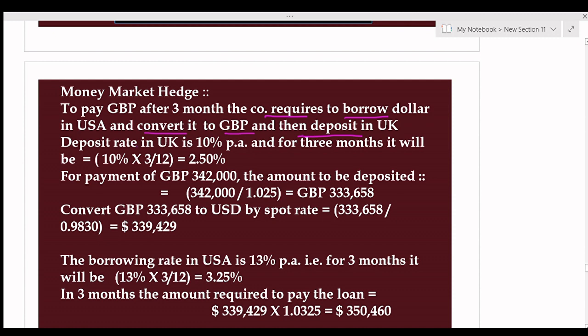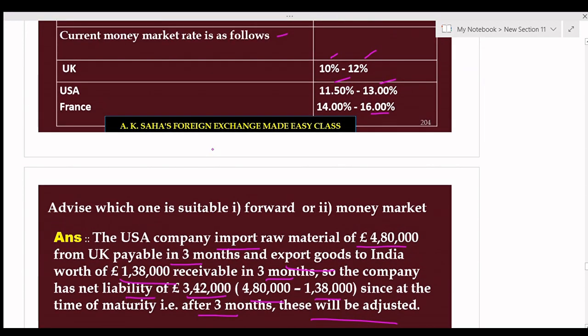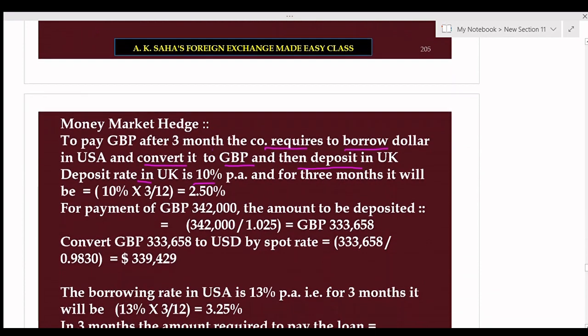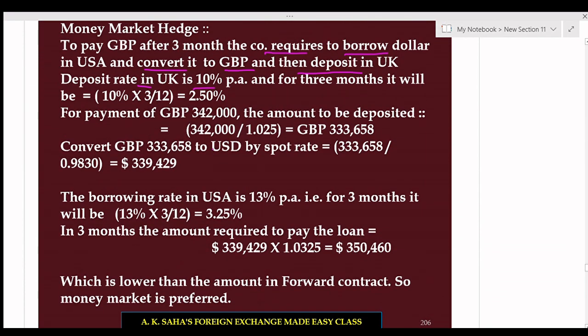Deposit rate in the UK is 10% and interest on loan is 12%. For 3 months it will be 10% into 3 by 12, which is equal to 2.5%.